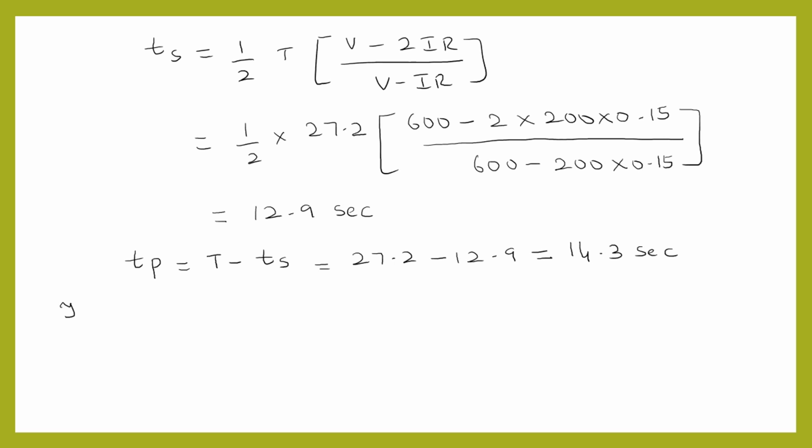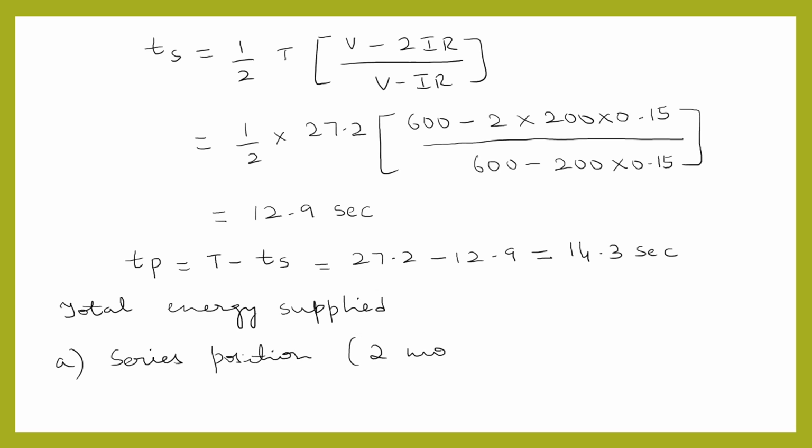Next we have the total energy supplied to be found for both series position and parallel position. So first we have series position where two motors are in series and there are three such circuits in parallel.